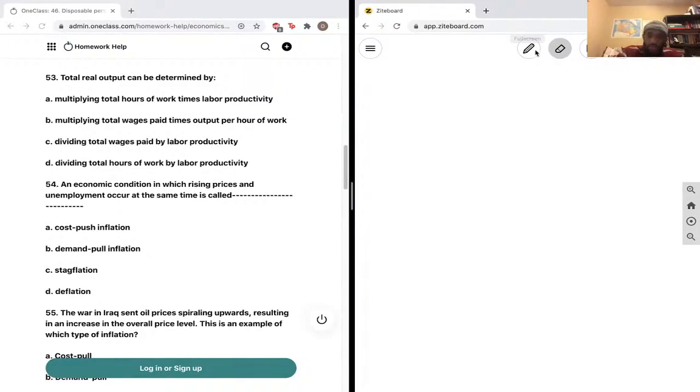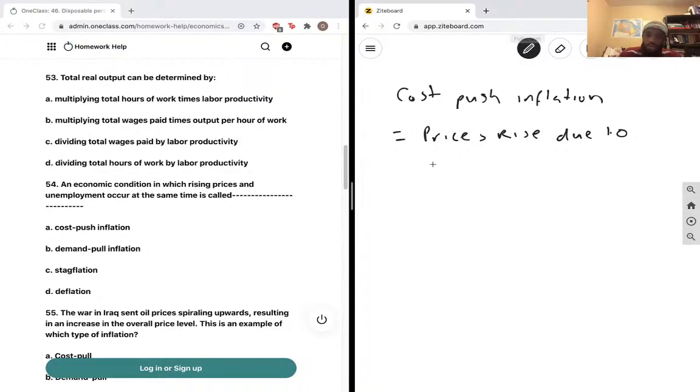But just to give you the definition, cost push inflation equals prices rise due to costs of production rising.